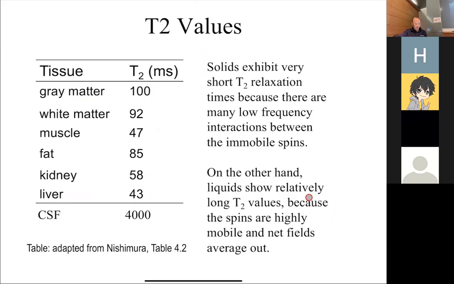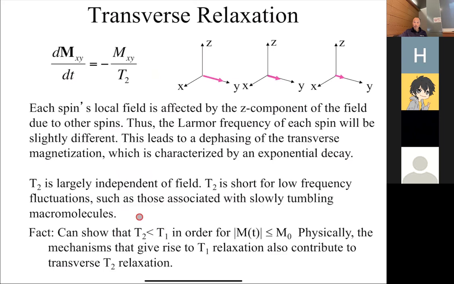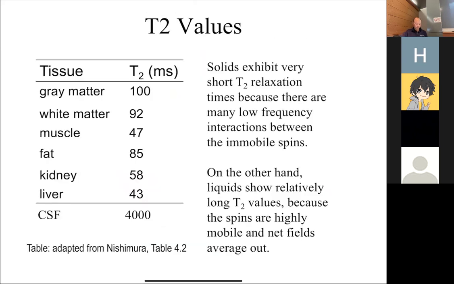Okay. T2 values typically are shorter than T1, as we just said that T2 is less than T1, and in many cases it's much less than T1 for lots of biological tissue. You can see here it's on the order of 50 to 100 milliseconds, whereas T1 in biological tissue at 3 Tesla is around 1 second.